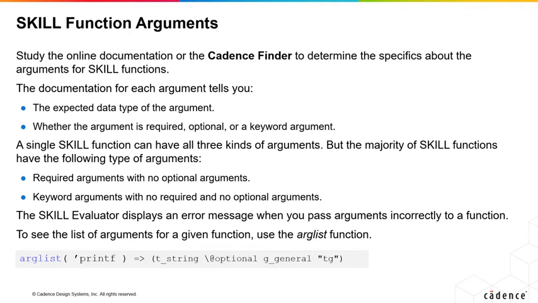The single quote in this case indicates do not evaluate the name, just pass in the name of the function without trying to evaluate it. And so in this case, for the printf function, you see returned t_string, which is the format string for the printf, followed by optional g general. So with printf, you have a format string, and then you have one or more arguments of any type that you can pass into the printf function to print the values for those variables.